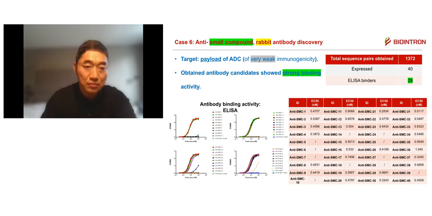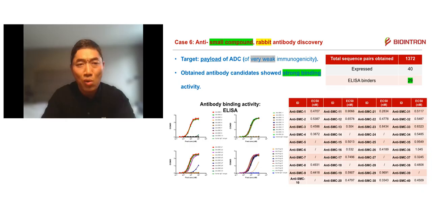The next case is also to raise antibody from rabbit, but this case is, I would say, different, because this time the antigen is not protein anymore. As we know, with protein as antigens, even if the protein is of a smaller size, their immunogenicity is still strong enough to trigger an immune response for our downstream B cell screening.